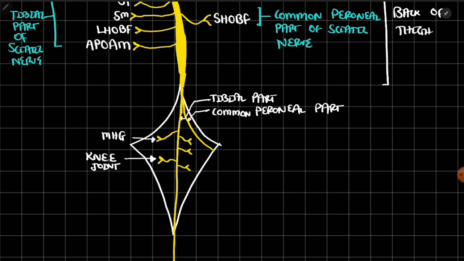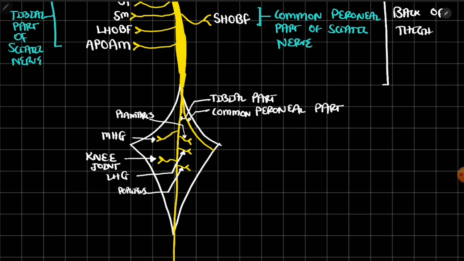Okay, and these 3 branches which we have written: this is the nerve to plantaris, this is the nerve to the lateral head of gastrocnemius, and this is basically the nerve to popliteus. I will write popliteus.